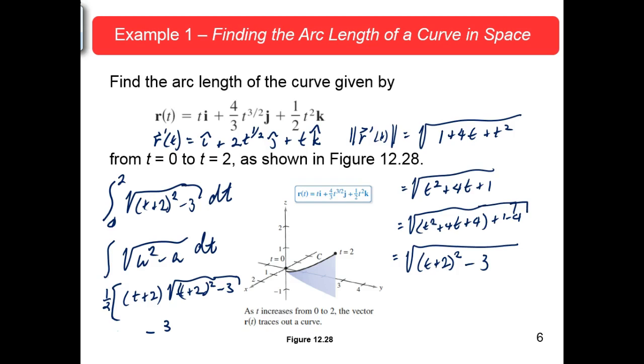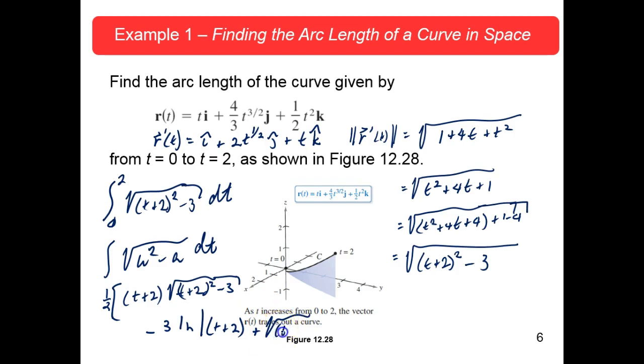Okay, the natural log of the absolute value of the square root of 3, that's your u. No, I'm sorry. t plus 2 is my u. t plus 2 plus the square root of (t plus 2) squared minus 3, just like before.